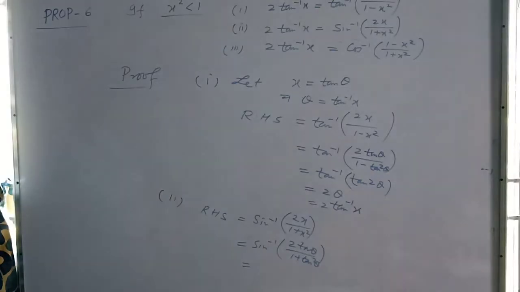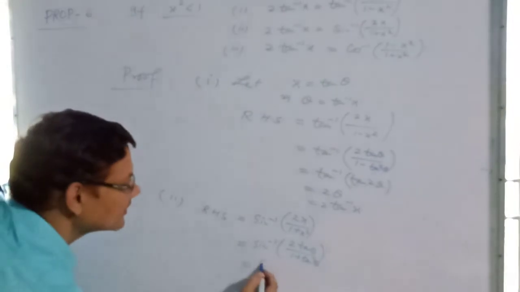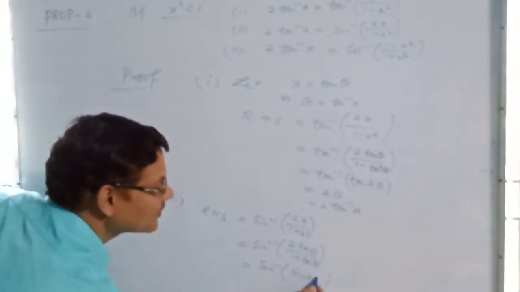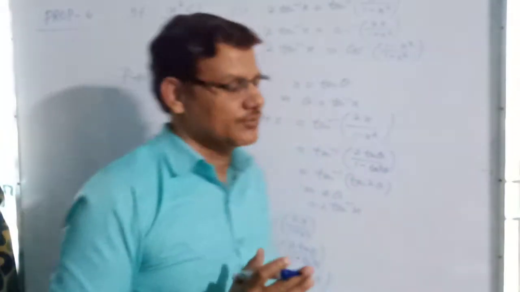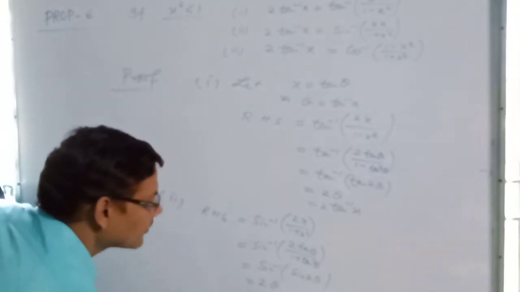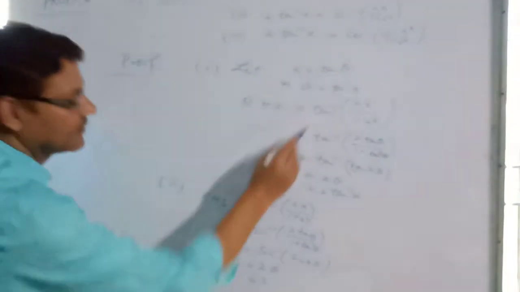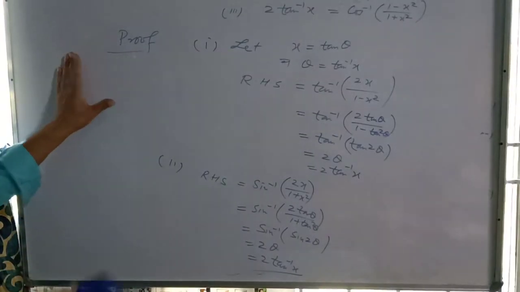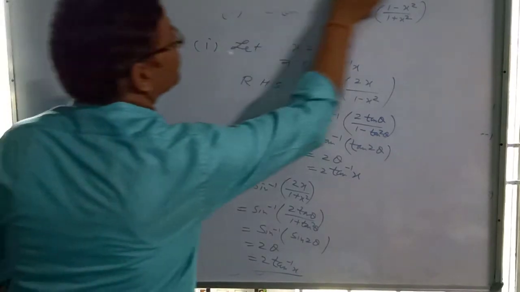From class 11, this is the formula in trigonometry, it is sin 2 theta. There is a relation between tan and sin, and tan and cosine. So again we get 2 theta, and replacing theta by tan inverse x, we get the proof of these properties. This is property number 6.